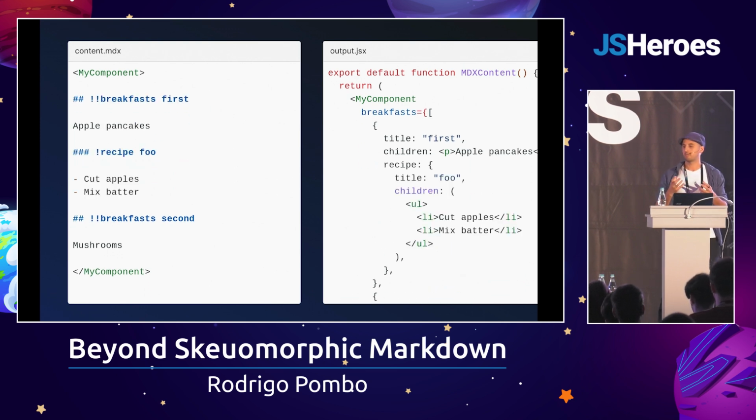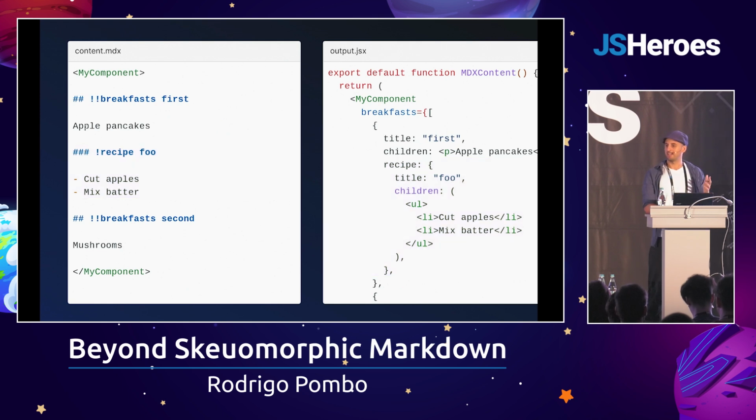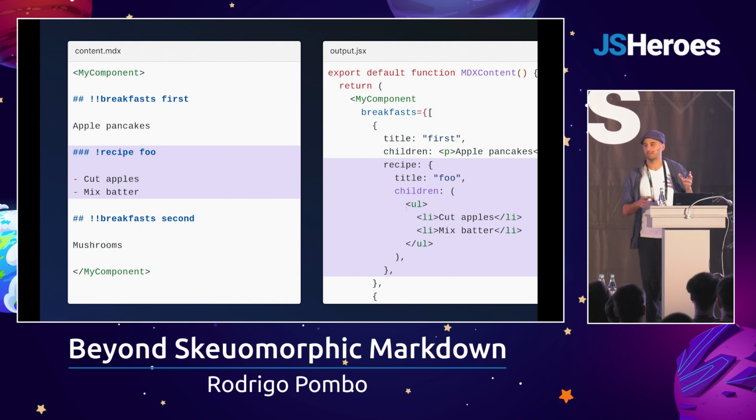If you have a block whose header has a level deeper than the parent, like here the recipe has level 3, these three hashes, and this one has 2, then in the output we'll see the recipe block inside the first breakfast. And just with these two things, listing and nesting, you can have very complex content structures.